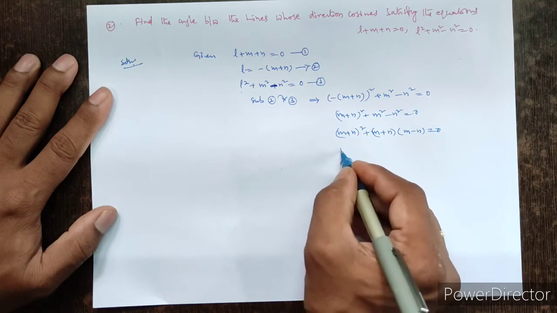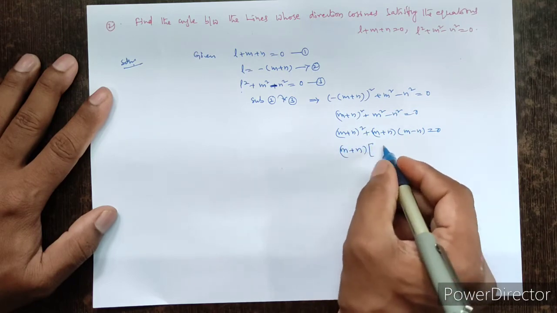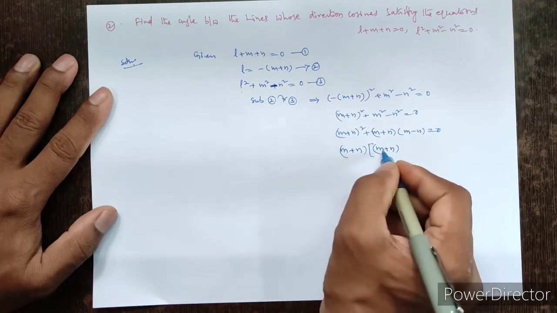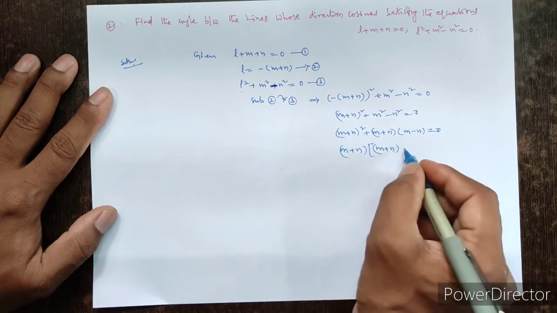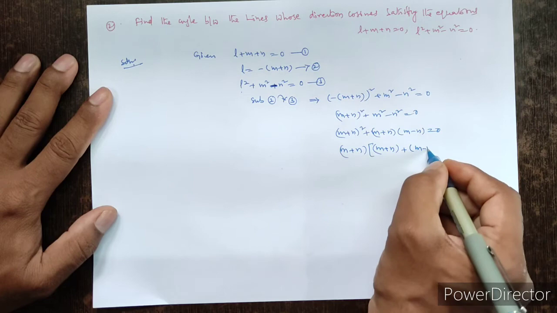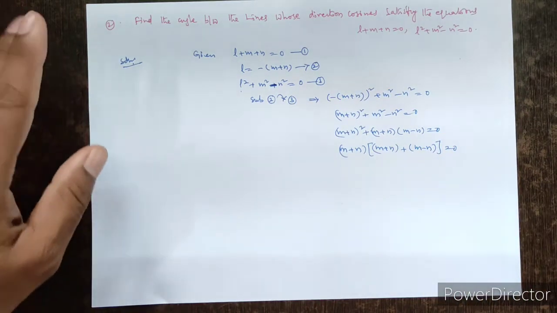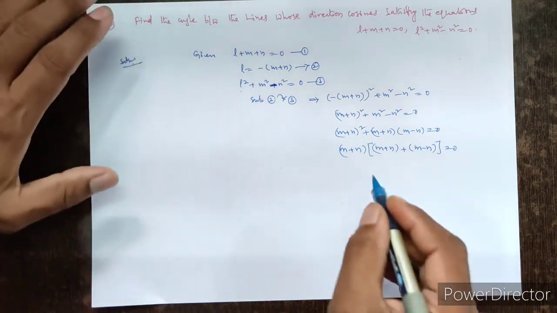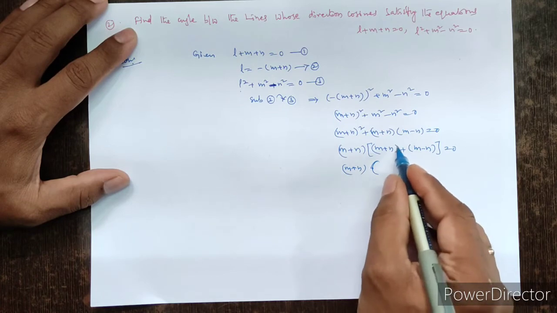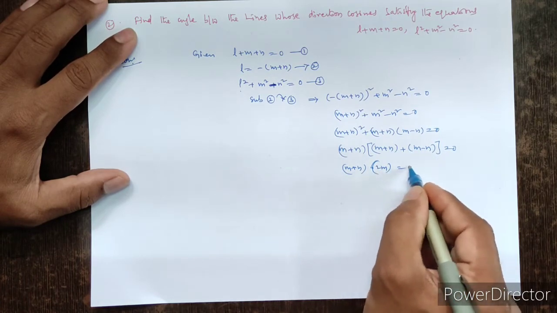From these you can take the common factor m plus n. So (m plus n) of (m plus n), that is (m plus n) whole square. Here already m plus n is there, so plus (m minus n) equal to 0. So m plus n equal to 0, so (m plus n) into (m plus n plus m minus n), that is 2m equal to 0.